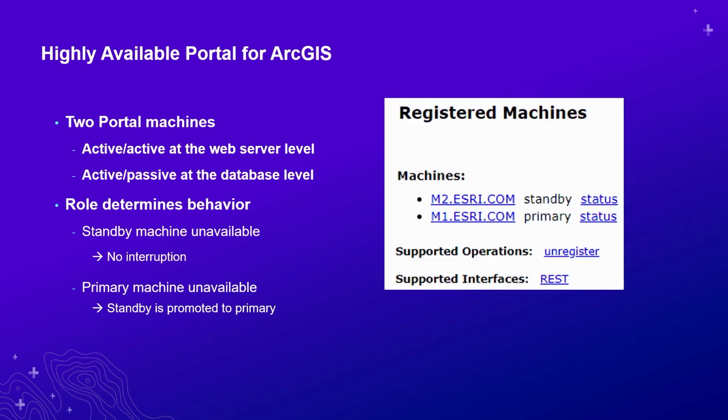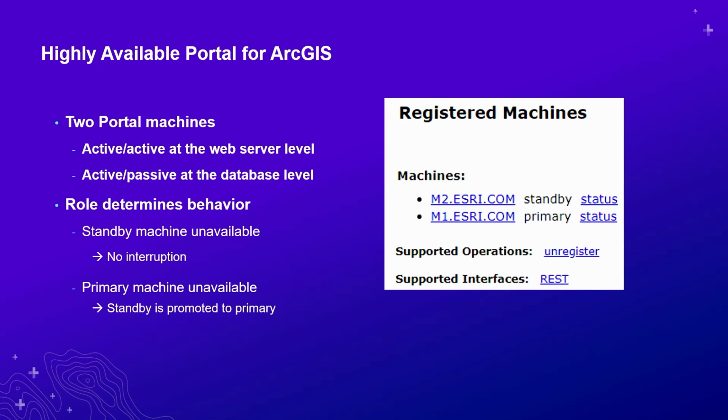So if the standby machine is unavailable, there's no interruption. If m2.esri.com goes down, M1 acting as the primary can still serve requests, still has the primary database. So at the client level, the user experience level, there is no real disruption to traffic.